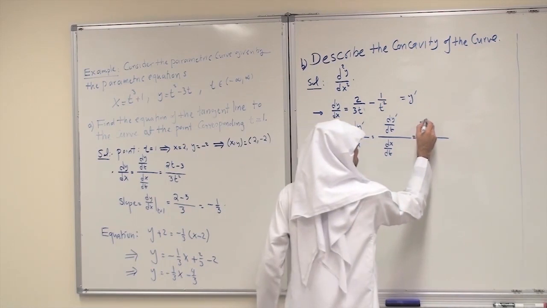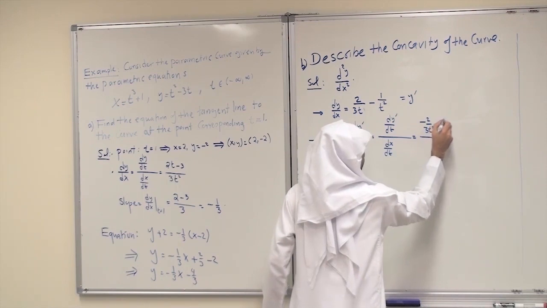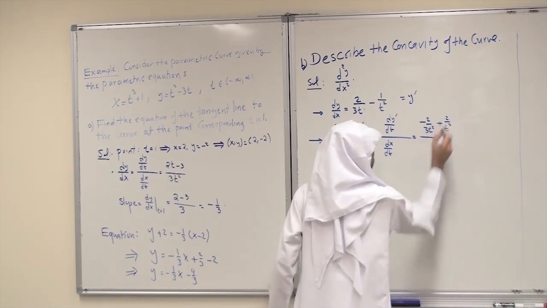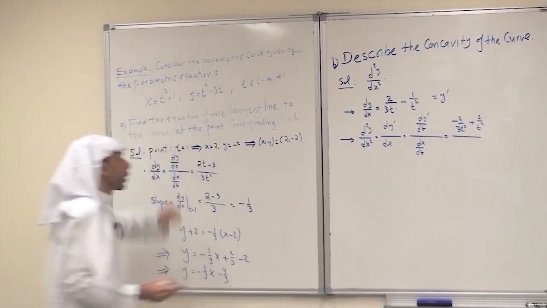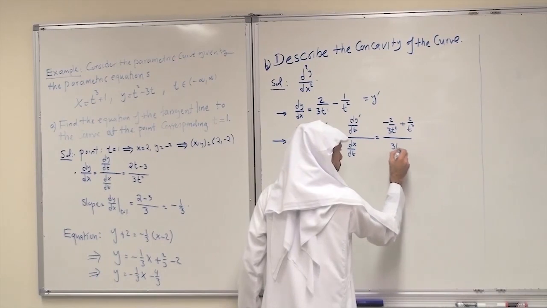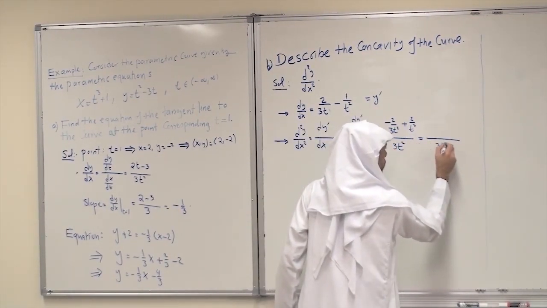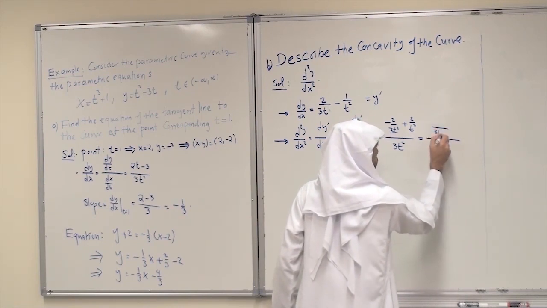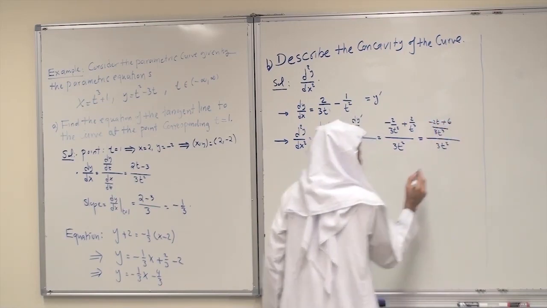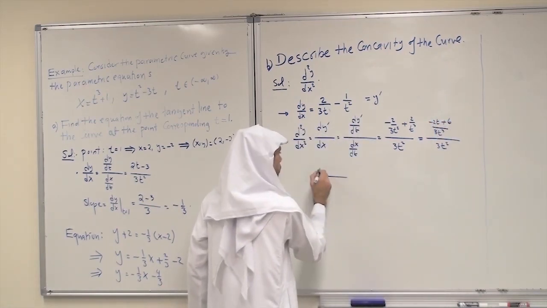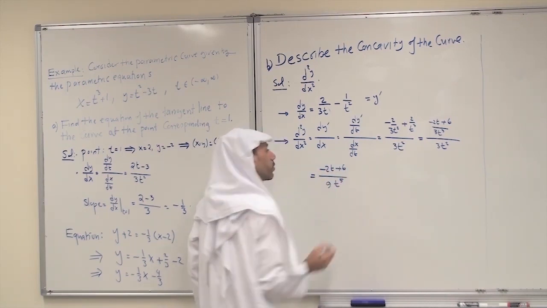This becomes minus 2/(3t squared) plus 2/t cubed, over dx/dt, which is 3t squared. Simplify a little bit, with common denominator 3t cubed, this is minus 2t plus 6. When you simplify, we get (minus 2t plus 6) over 9t to the power 5.